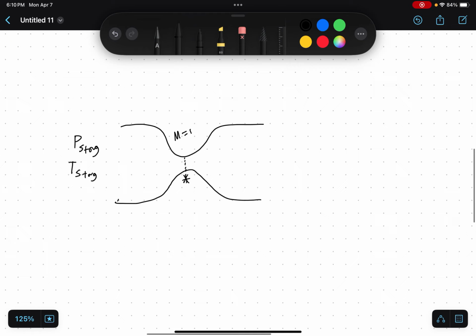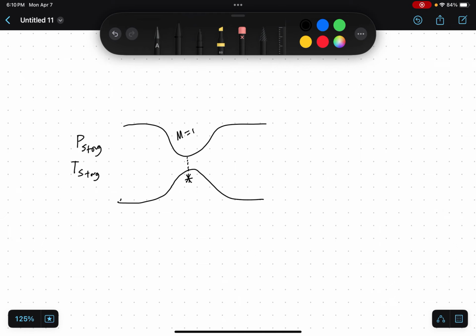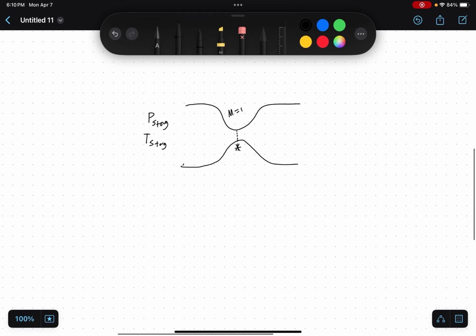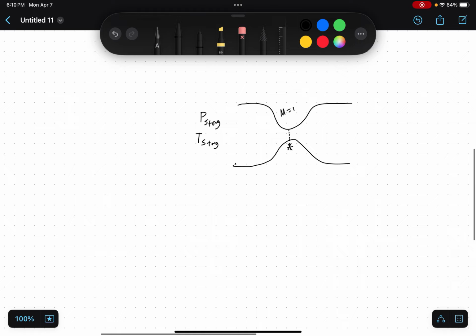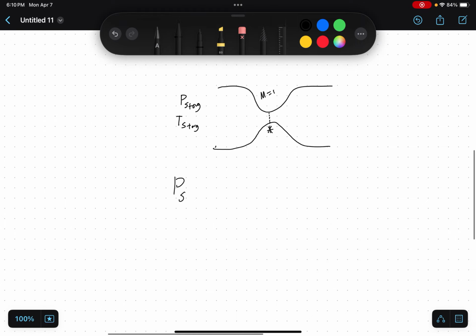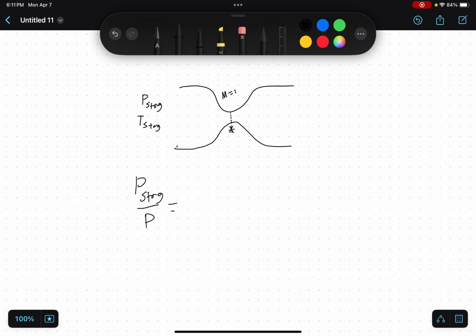Well, there are a series of equations with this. There is a derivation, but no one really cares about it. These are the equations. I'll just write it here. P stag over P equals 1 plus K minus 1 over 2 M squared, to the power K over K minus 1.